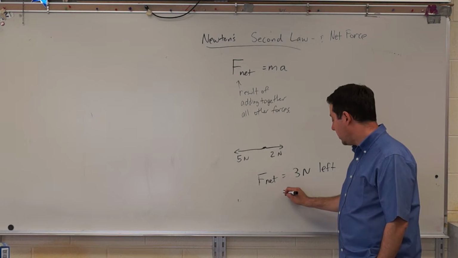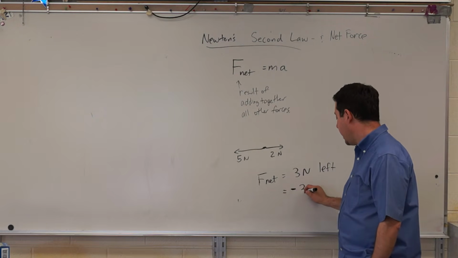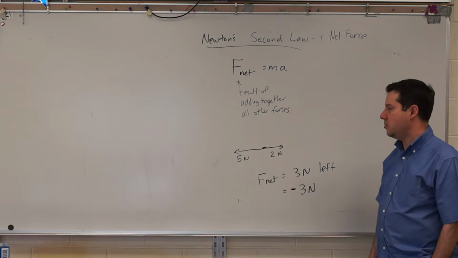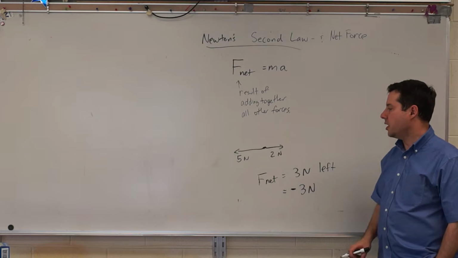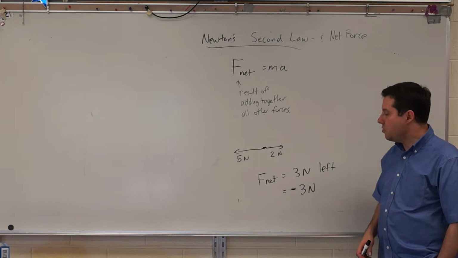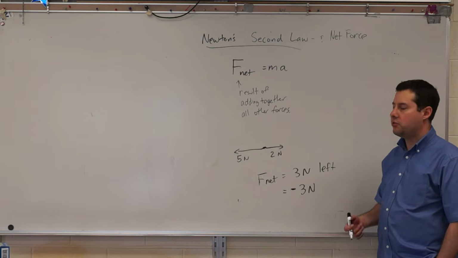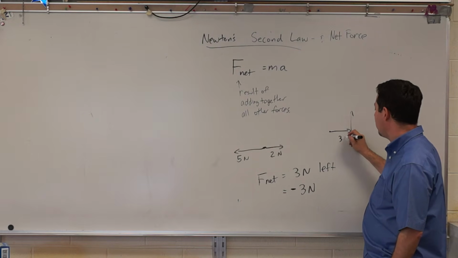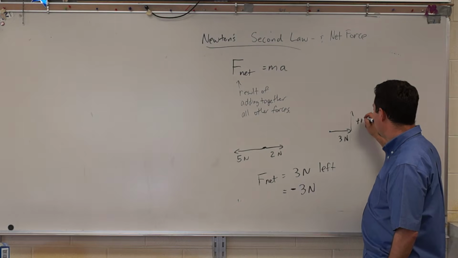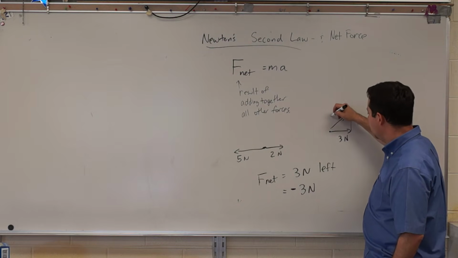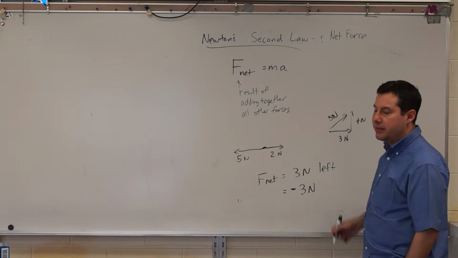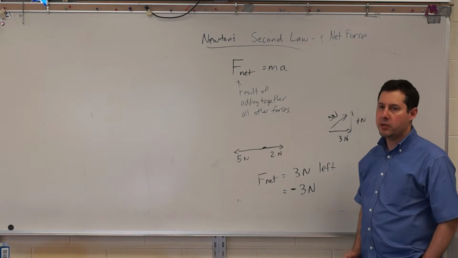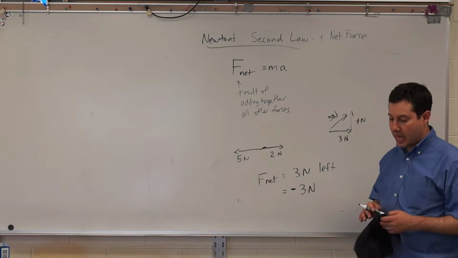Sometimes you might express this using a negative sign to indicate to the left, so that could be considered negative 3 newtons as well. Negative 3 newtons would indicate to the left. Now you can do resultants in net forces in other directions. So you could do your typical 3, 4, 5 triangle, 3 newtons, 4 newtons, so your resultant net force would be 5 newtons. That's fine, there's lots of ways to do it. Just keep in mind that a net force is a result of adding other forces together.